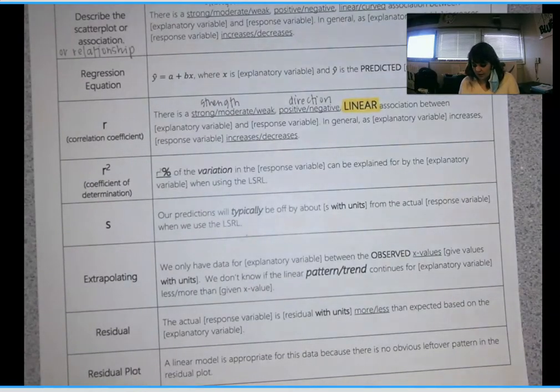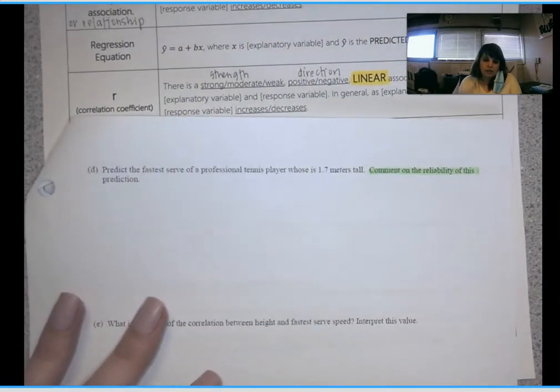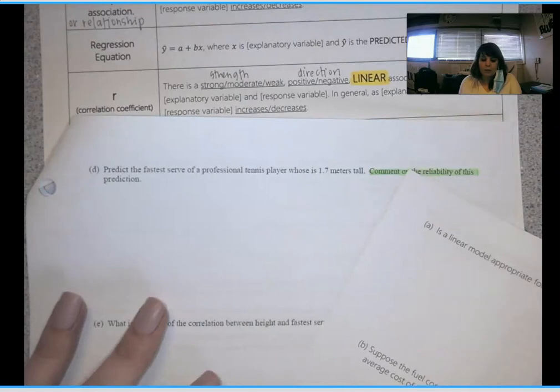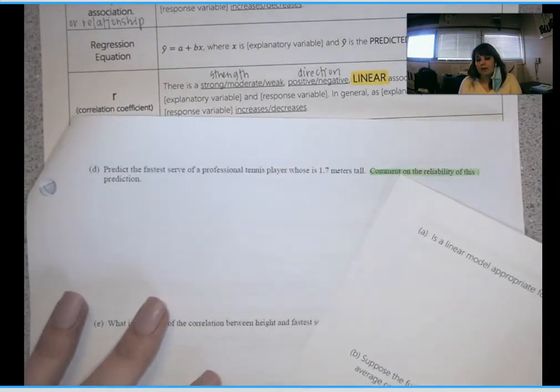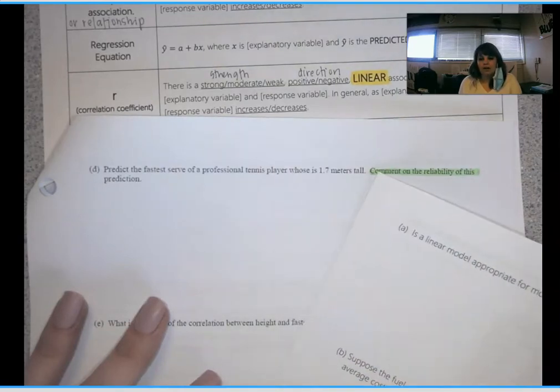For instance, on the first review that you got, you had this question that says, predict the fastest serve of a professional tennis player who is 1.7 meters tall, then comment on the reliability of this prediction. This is asking about extrapolation. This prediction is not reliable because we are extrapolating.